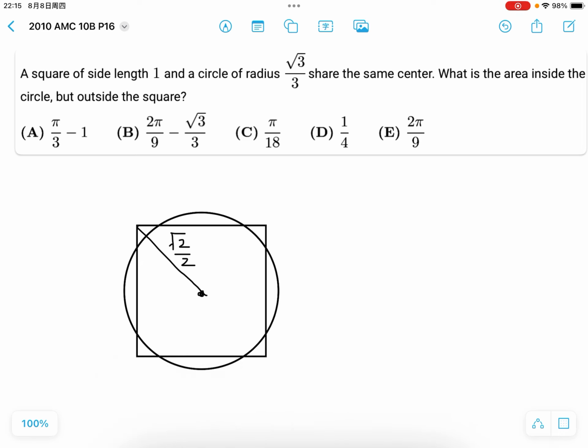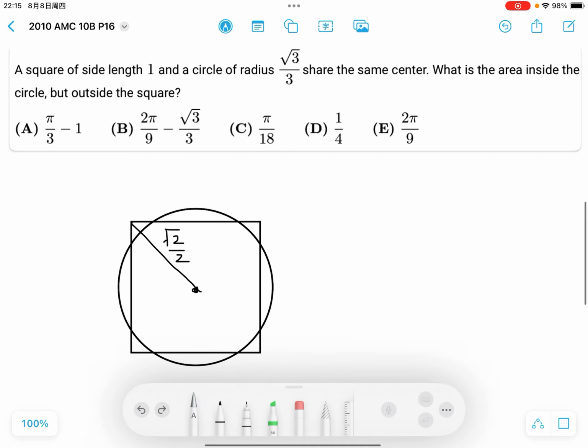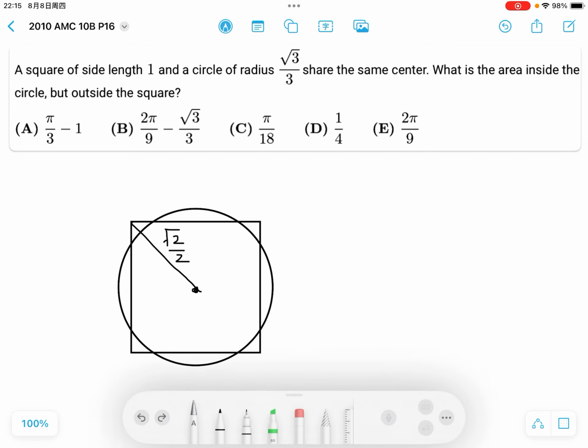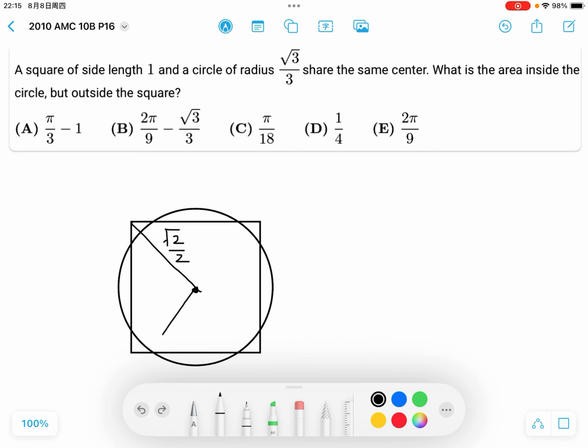The circle and square are not completely inside one another, but some parts of the square are not in the circle, and some parts of the circle are not in the square. So what exactly does our problem want us to find? We want the area that is inside the circle but outside the square. So basically we want all the areas like this. Let me just highlight this.